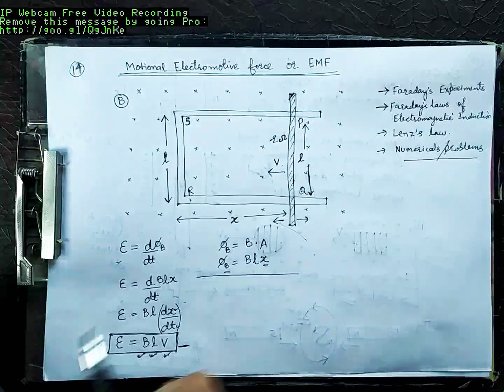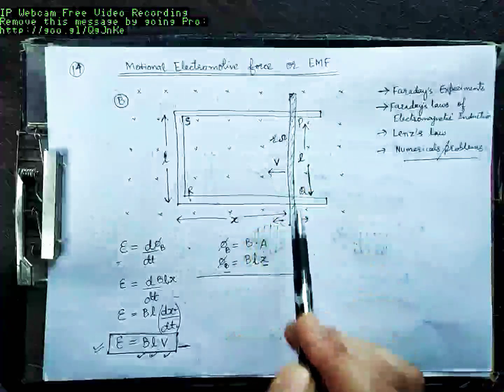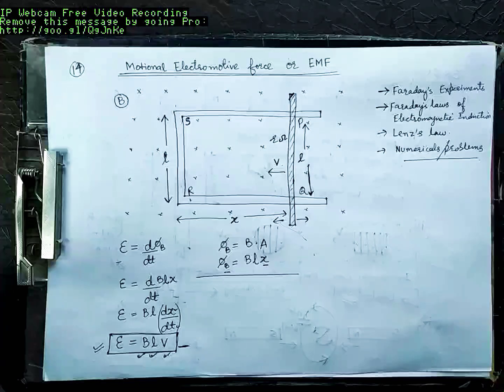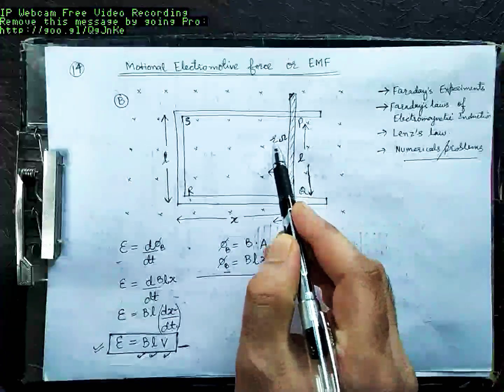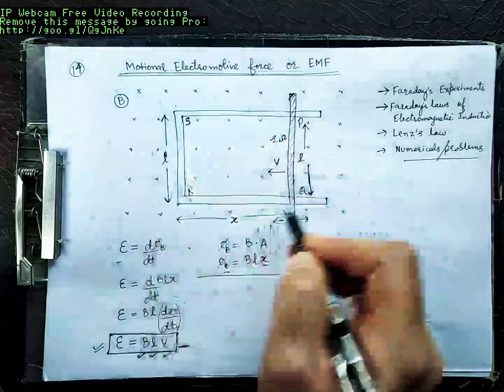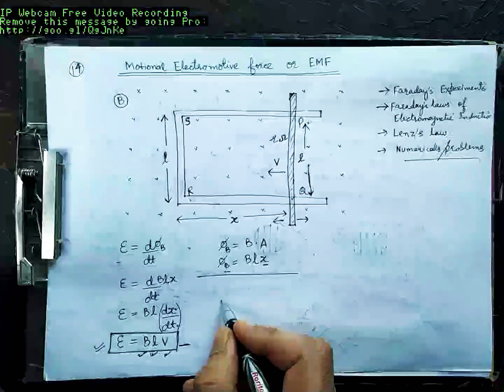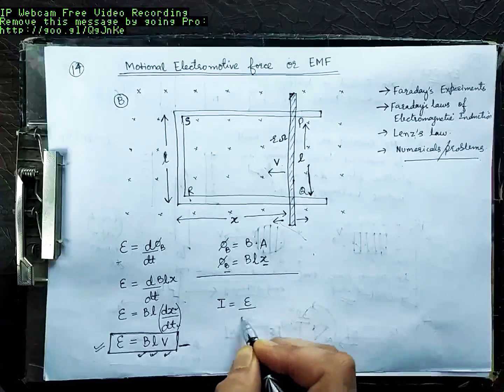We are assuming the resistance of this frame is negligible and only this conductor has a resistance of R. So in this circuit, what is total resistance? Total resistance is R. What is induced EMF? That is BLV. So how much is current through this loop? Current through this loop, I, will be equal to induced EMF E divided by total resistance R.